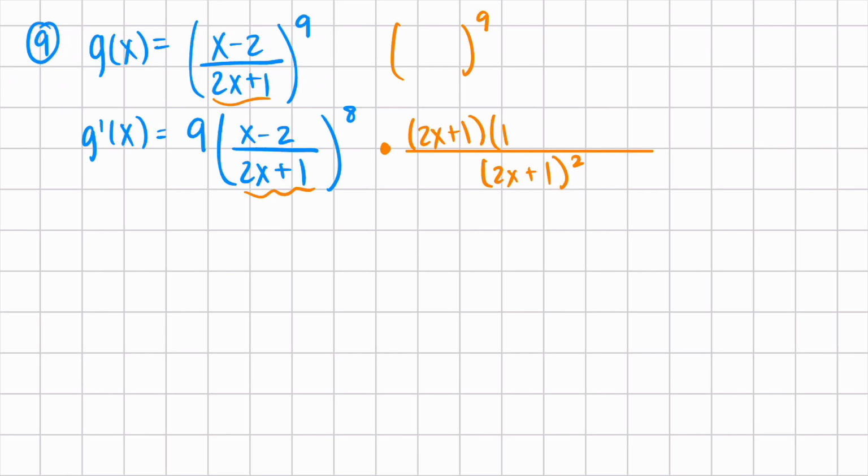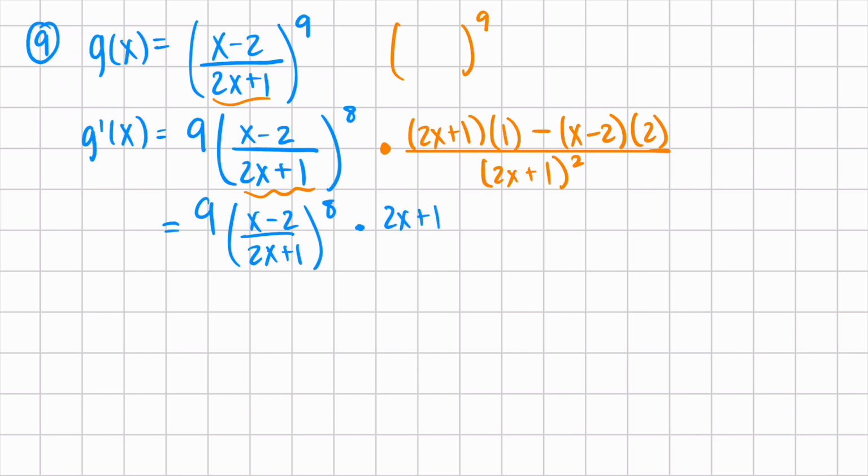Derivative of x minus 2 is just 1, minus my numerator times derivative of the denominator. Let's simplify from there. I'm going to have 2x plus 1 minus 2x plus 4 when I do all that distributing.